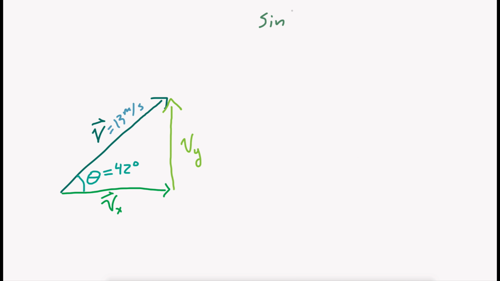We can say sine of 42 degrees is equal to our opposite, which is Vy, divided by our hypotenuse, which is our original vector, 13 meters per second.